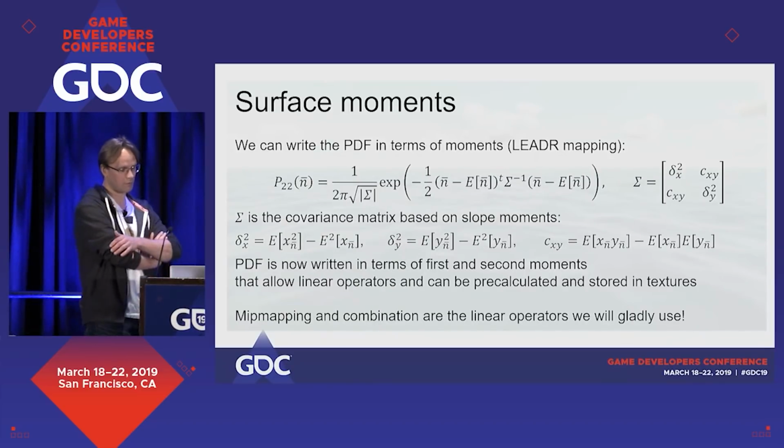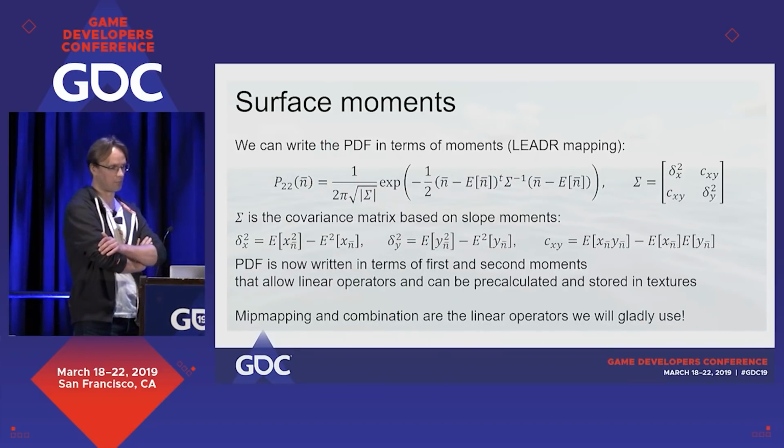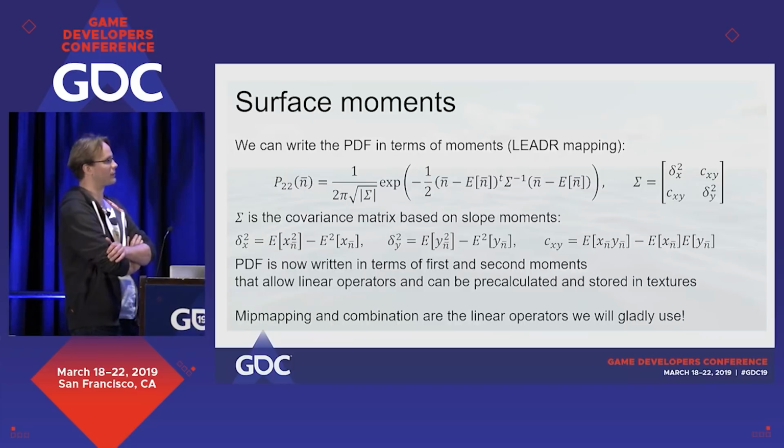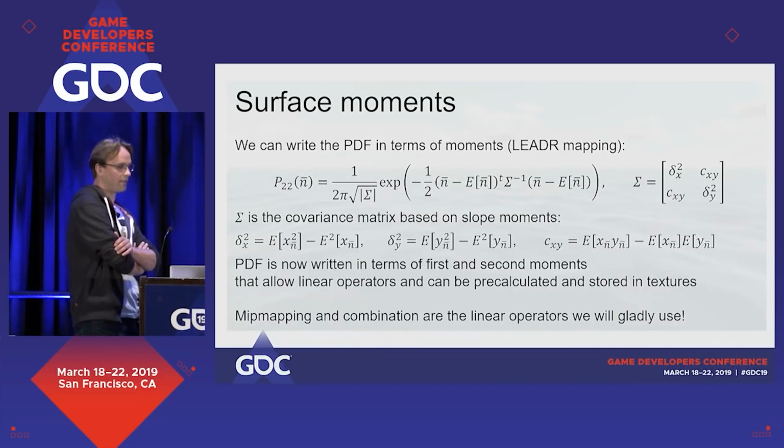What's important, and this is the thing that you probably should focus on, is that we use our surface moments to calculate the PDF, just like they do in the LEADR paper. LEADR is linear, efficient, anti-aliased displacement and reflectance mapping. It's a pretty cool paper, you should read that.